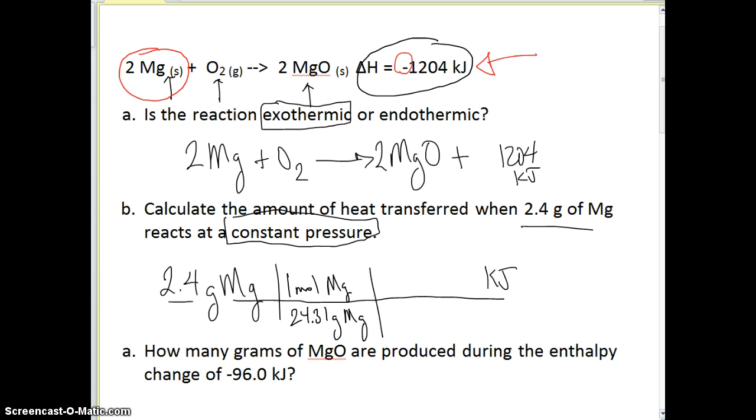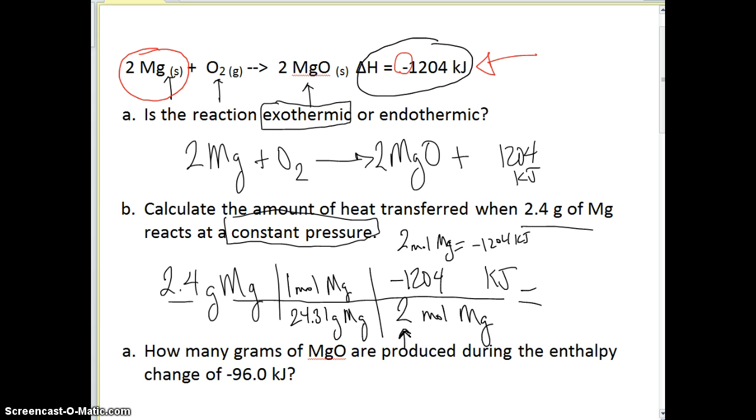That means for every 2 moles of magnesium that react, we get negative 1204 kilojoules of heat produced, not necessarily every 1 mole, and that's why I'm not putting a 1 there, because from the balanced equation, that's what we're dealing with. We're dealing with an equality that for every 2 moles of magnesium, you're giving off negative 1204 kilojoules of heat. That's just something we need to keep in mind as we're working these types of problems.